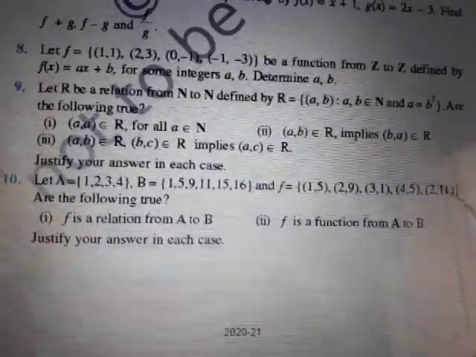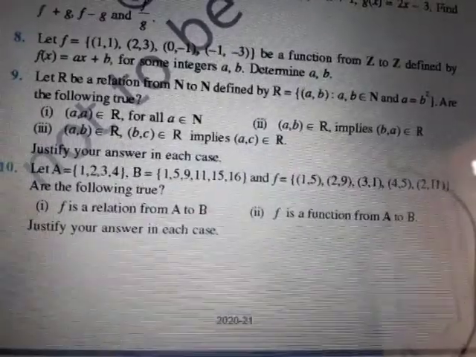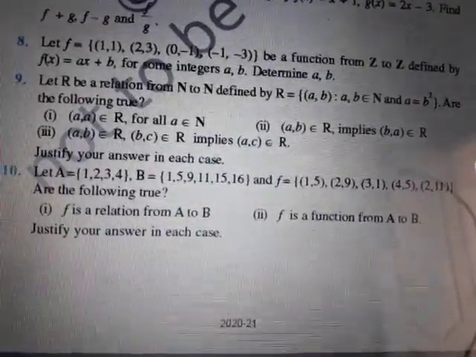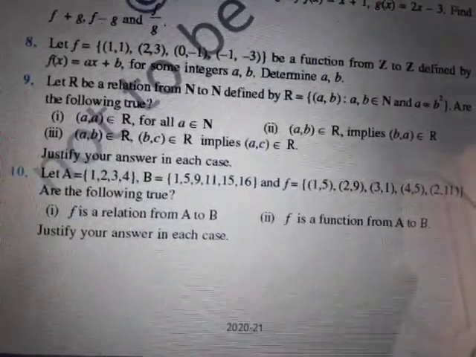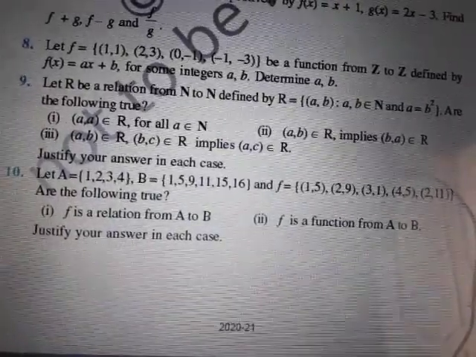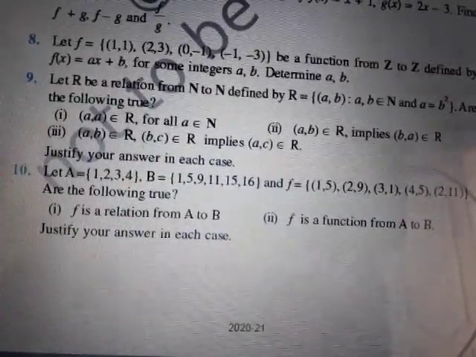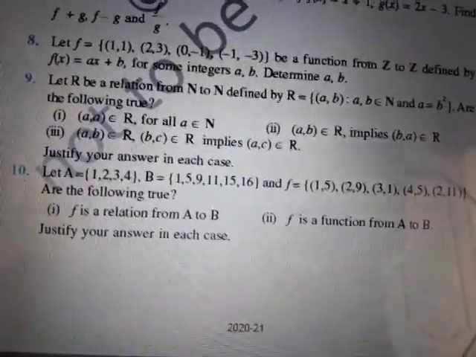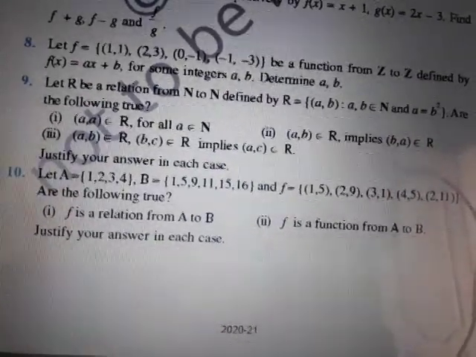See the 10th question. They have given you set A, set B and a function f, and they asked you to check whether the following are true. First: f is a relation from A to B, and f is a function from A to B. Now, how will you say whether it is a relation? It is a relation when it is a subset of the Cartesian product, that is, when f is a subset of A cross B. When that relation will become a function, it must satisfy two conditions.